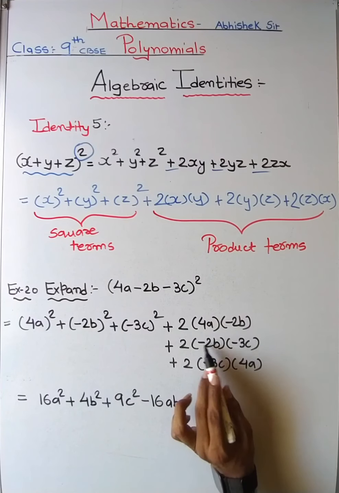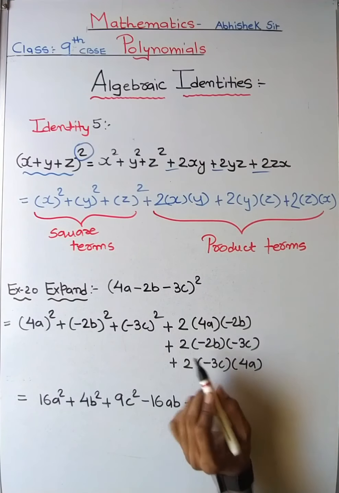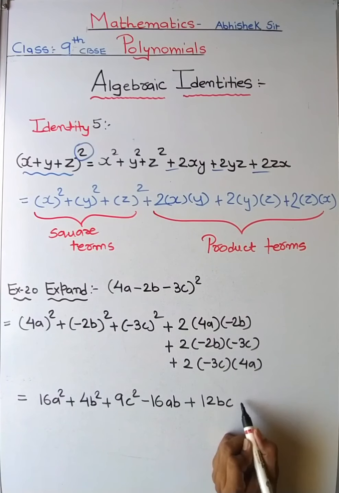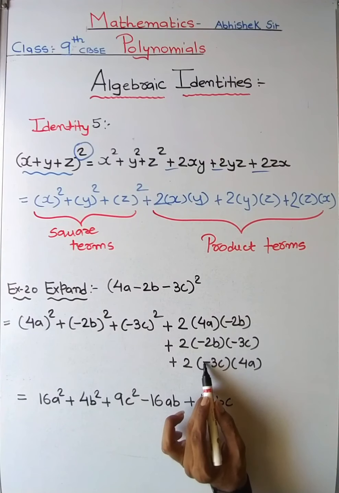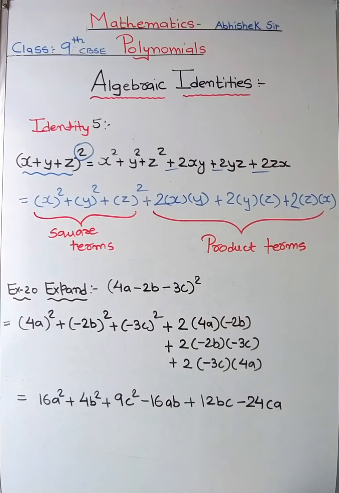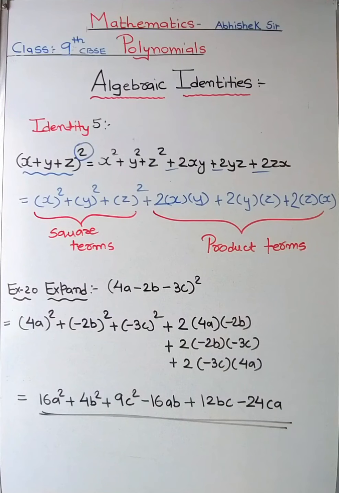Over here we have minus 2 into minus 3, so minus minus plus. So 2 2s are 4, 4 3s are 12bc. Here 2 3s are 6, it is minus, so minus 6, 6 4s are 24. Clear? So this is the expansion process.